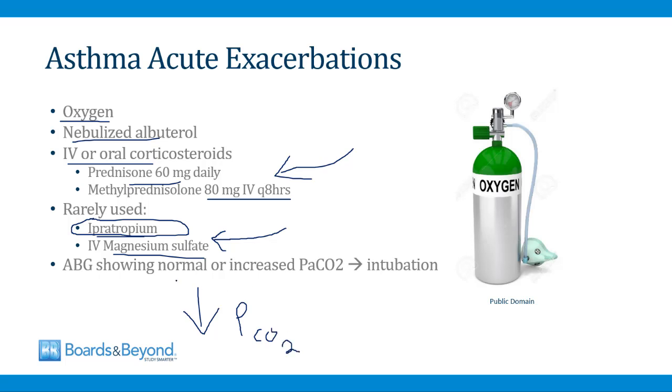If the PaCO2 is normal or increased, this is very, very bad. This means that that patient is developing respiratory muscle weakness and they are on the verge of respiratory failure. That's often an indication for intubation or non-invasive ventilation or some other significant support of their breathing status, because it is very, very abnormal to have a patient who is short of breath in the midst of an asthma exacerbation with a normal or increased PaCO2.